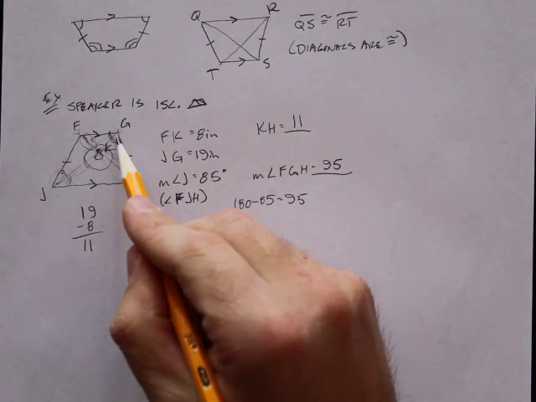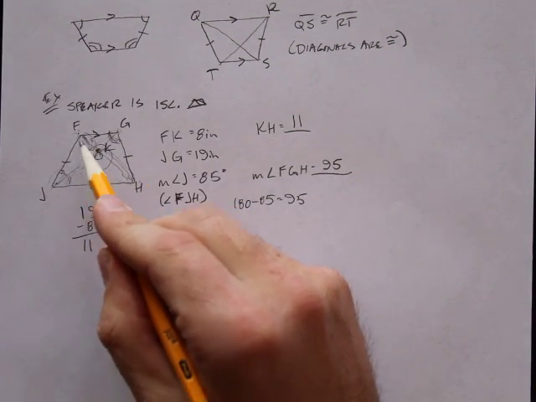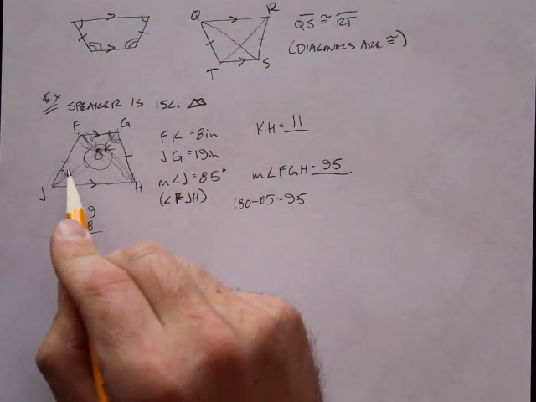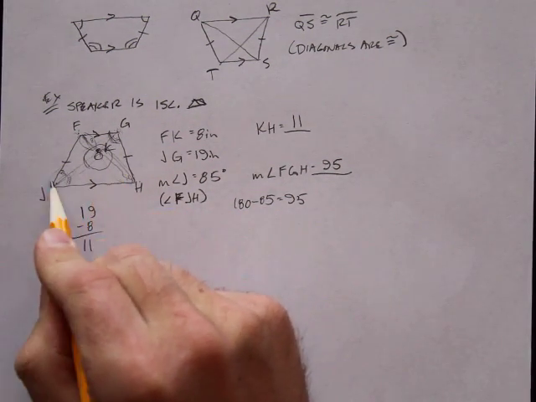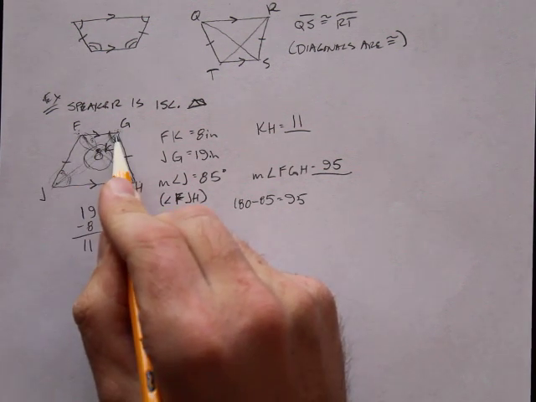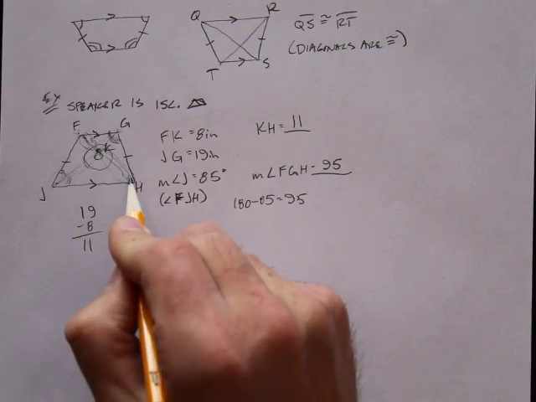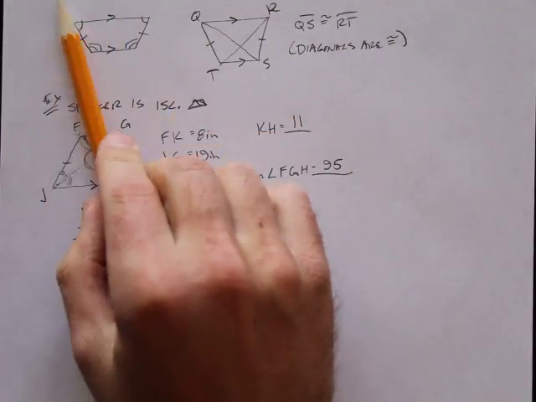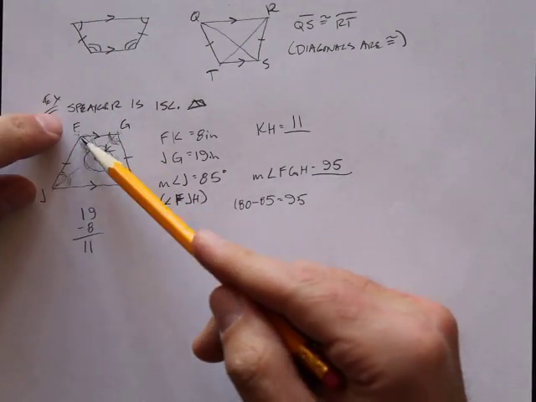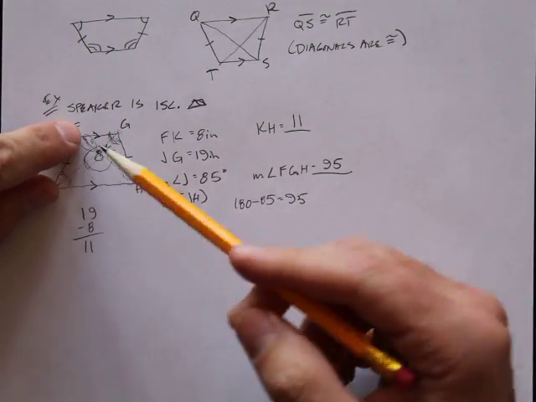Why do these have to be supplementary, I wonder? Because all of this is 360 degrees, right? And if this and these are the same, and this one are the same, if I were to cut it in half of the angle measures, if I were to add these together, this should be half of the angle measures.